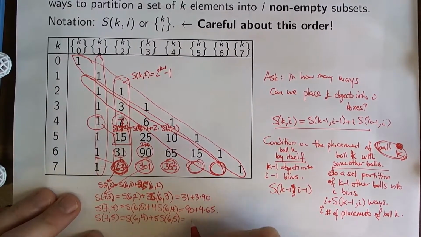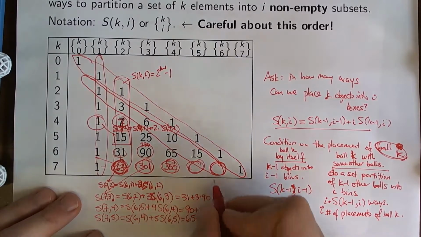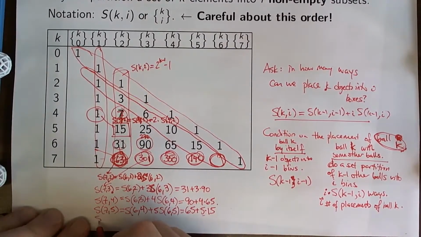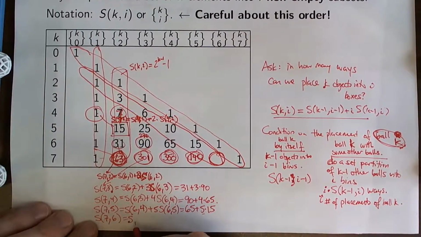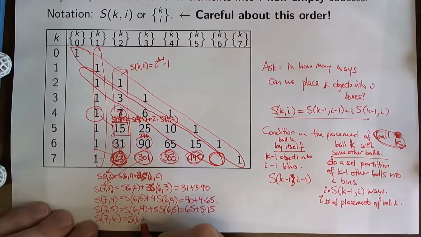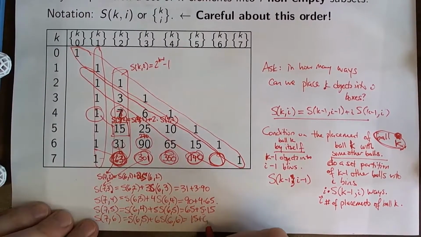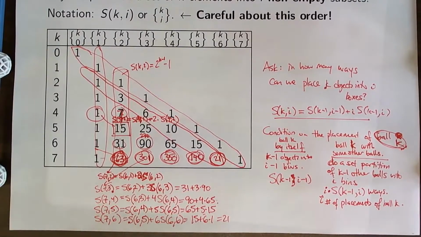So that's 65 plus 5 times 15. 5 times 15 is 75. Plus 65 is 140. And the last one, S sub 7,6, we know what it's going to be. We know it's going to be 21, but let's just check: it is equal to S of 6,5 plus 6 times S of 6,6, which is 15 plus 6 times 1, which is indeed 21. Phew.